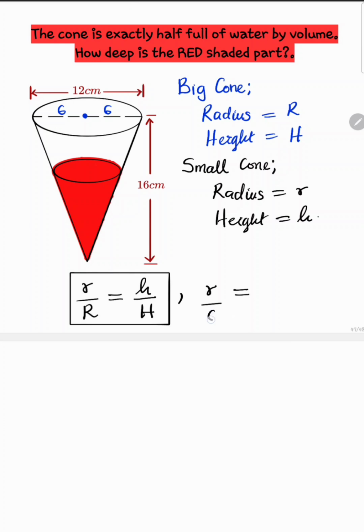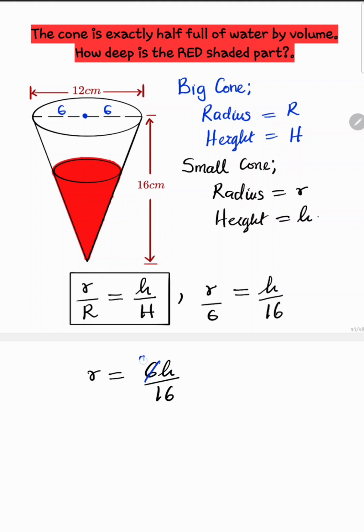So we put our 6 here, and the height of the smaller cone is also unknown, which is what we are looking for, h, over the height of the bigger cone, 16. We put 16 here. So let's express this such that it will give us an equation in terms of h. I take this 6 to multiply across. Okay, I will have r equal to 6h over 16. If I have 6h over 16, then I can reduce that.